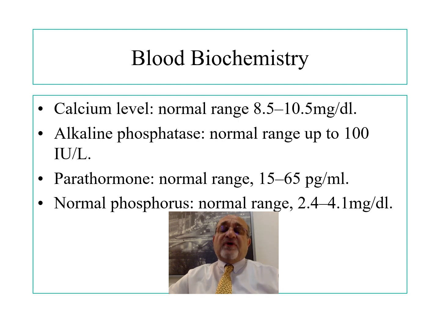The parathyroid hormone, PTH, normally has a level of 15 to 65 picograms per milliliter, while the normal phosphorus ranges from 2.4 to 4.1 milligrams per deciliter. Any increase in this means that there is a dysfunction in the parathyroid hormone.